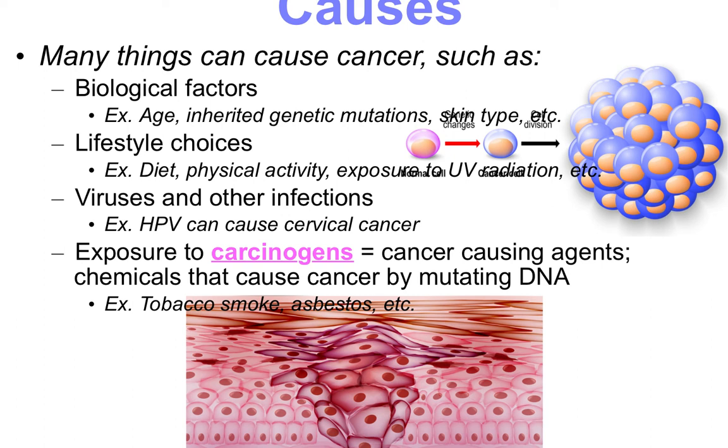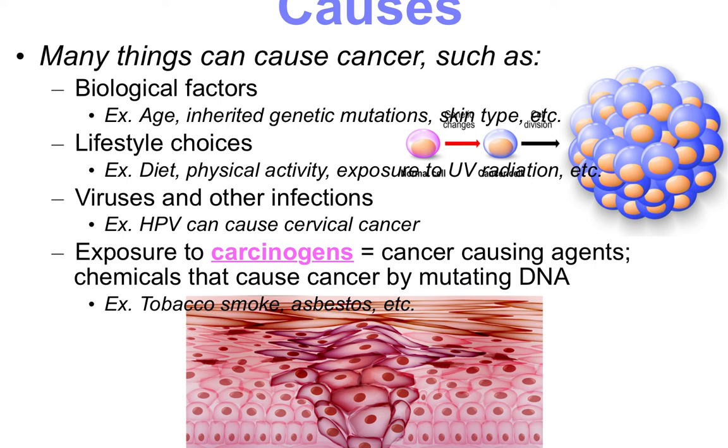As teenagers, you may know of the HPV vaccine. That is a virus that causes cervical cancer. So viruses can cause uncontrolled cellular division. Also, your body and cells can be exposed to carcinogens.